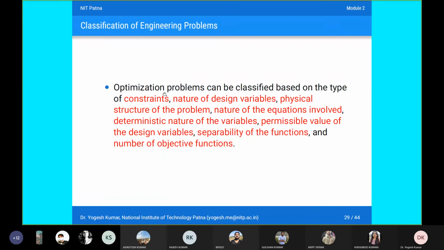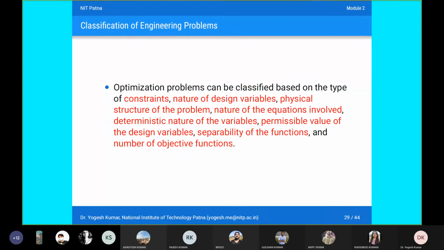There are a number of bases on which optimization problems may be classified: based on constraint, nature of design variable, physical structure of problem, nature of equation involved, deterministic nature of variables, permissible values of design variable, separability of function, and number of objective functions.